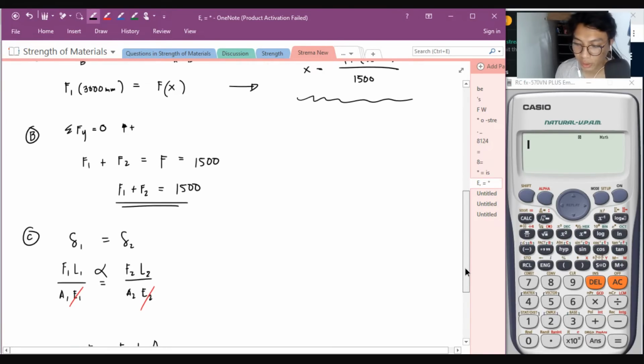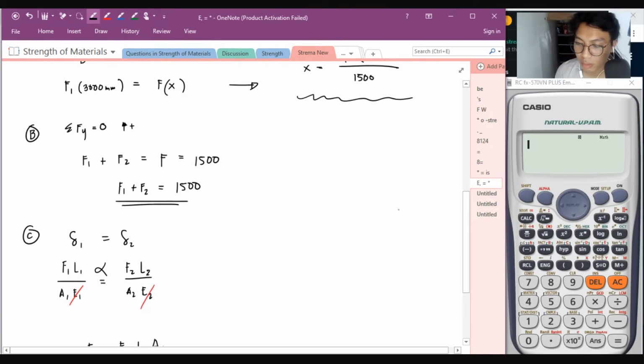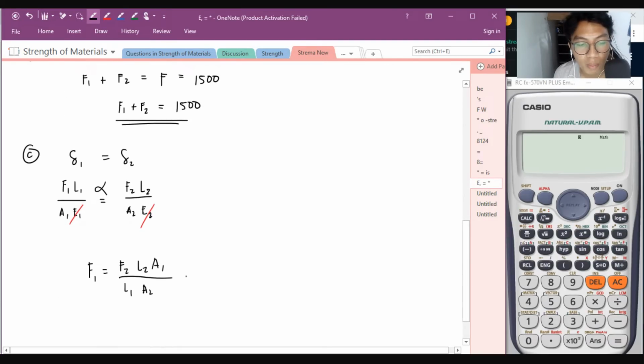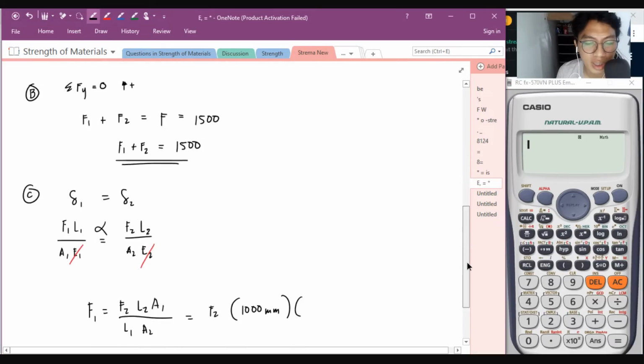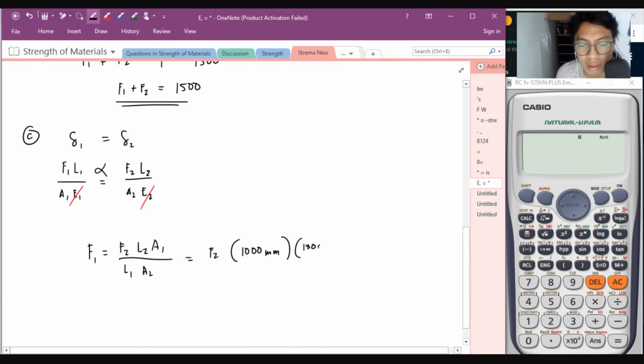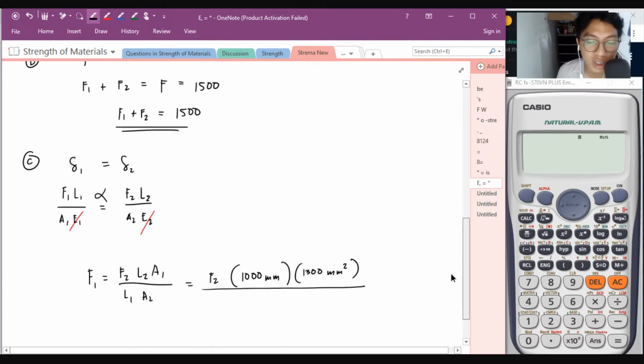So, first, F1, F2. L2, that is 1,000 millimeter. A1, binigay sa'yo dyan, 1,300. Yung L1, that is 600 millimeter.